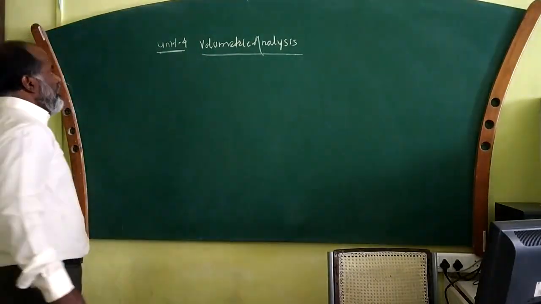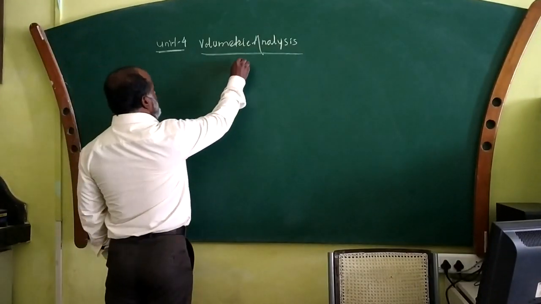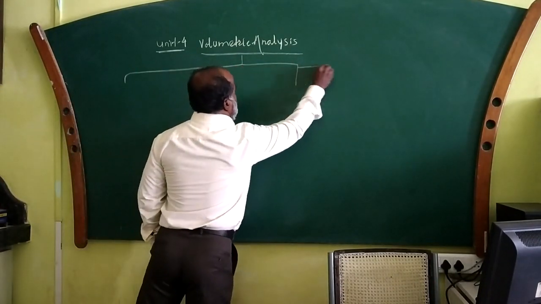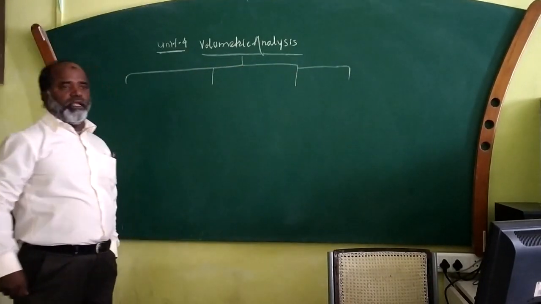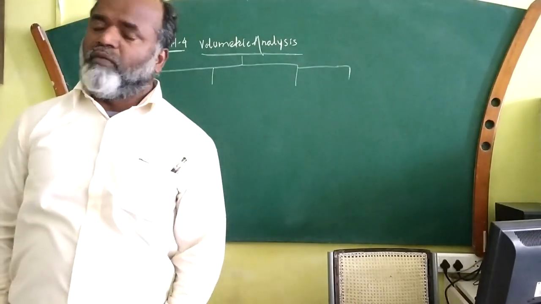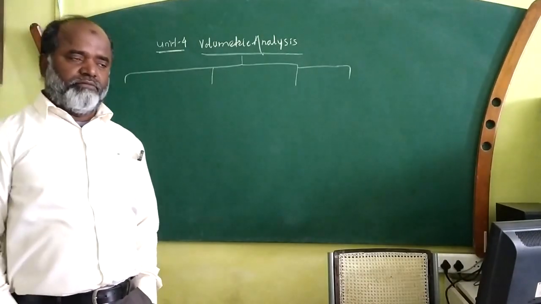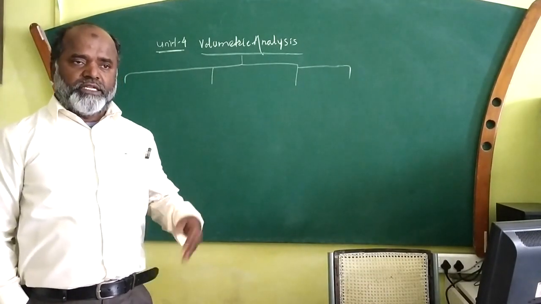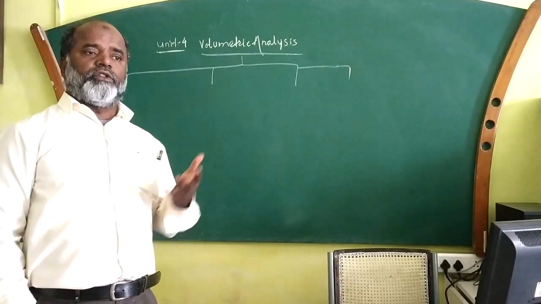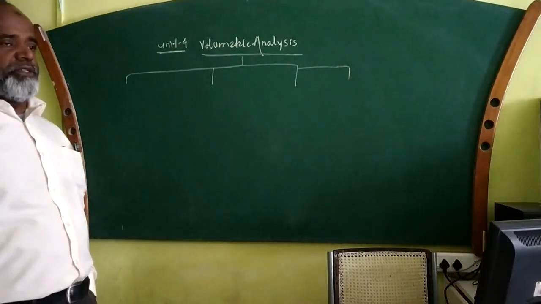When we talk about analysis, there are two types: gravimetric and volumetric. We are not supposed to discuss gravimetric because that is in terms of weight. I want to find out in terms of volume, so that can be done with the help of volumetric analysis.